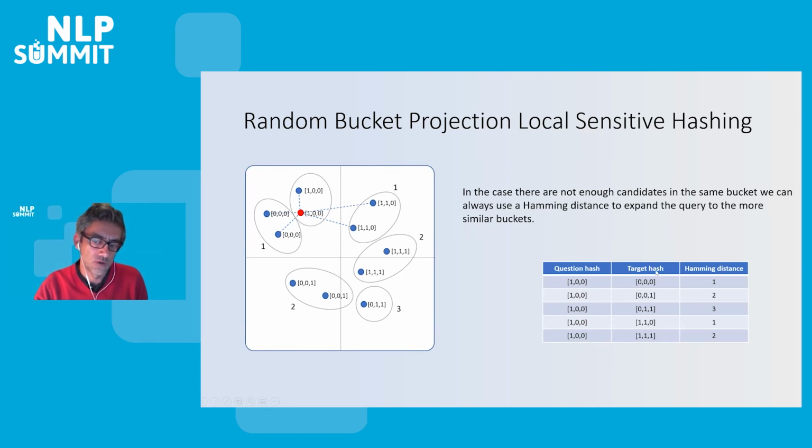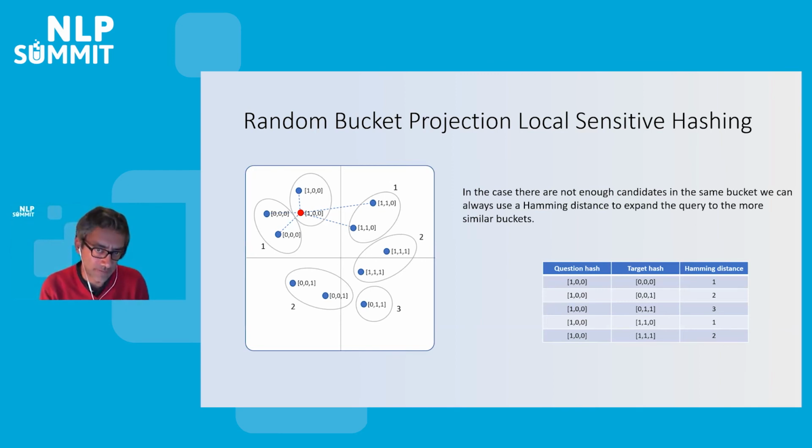It's 1. And in the second case, 1, 0, 0 compared with 0, 0, 1, if we do the Hamming distance, you will get number 2. This is a very quick calculation, because it is based on binary comparisons. So you will quickly get the closer buckets, which are this one and this one here, and then you can expand the query, trying to find the closest sentences in the buckets that are closer to the original bucket of the query of the user.